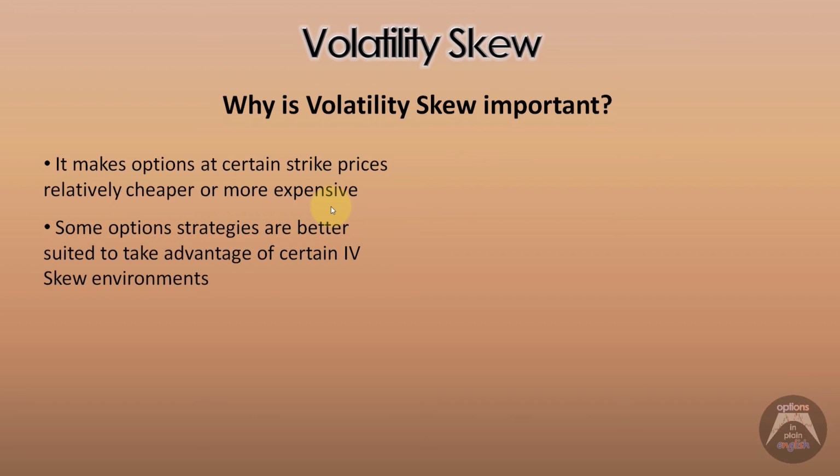One that comes to mind, for example, is using a short put and not using short put spreads, because when you sell a put spread, you have to buy a long put at a lower strike price, and that one's going to be expensive, making the whole credit that you receive not very appealing. So there are certain strategies that try to take advantage of this.